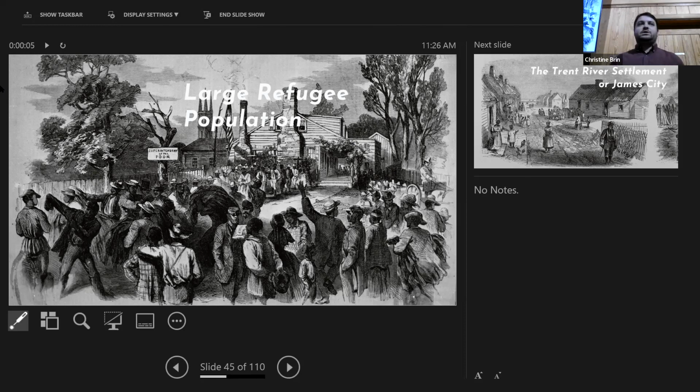A lot of people in Eastern North Carolina, slave owners included, did not want to see secession because war is bad for business. And a lot of these businesses in Eastern North Carolina, naval stores, lumber, depended heavily on trade with the North. And North Carolina was one of the last states to secede from the Union because of that.